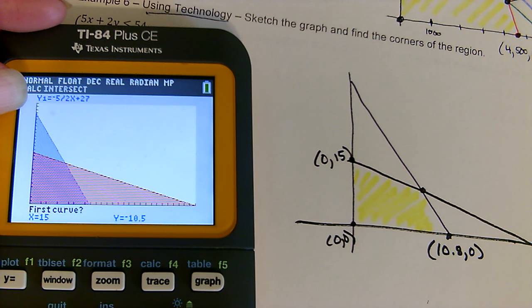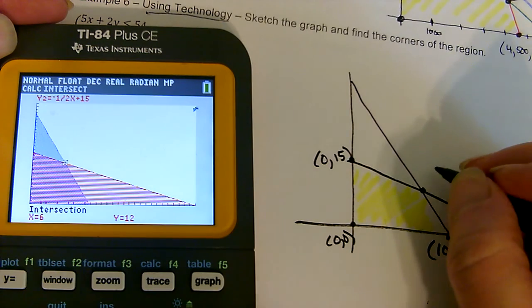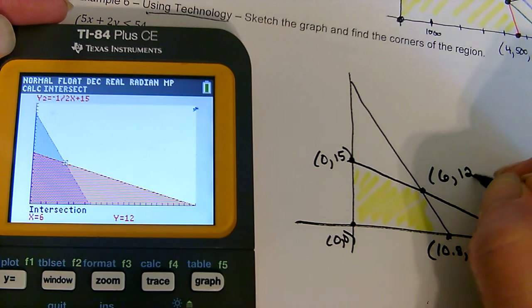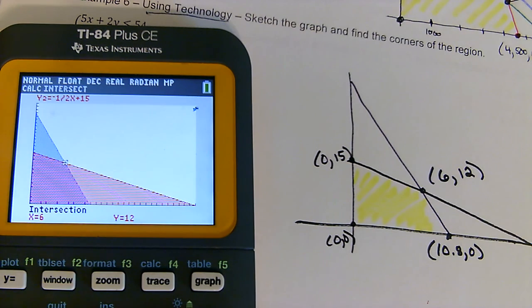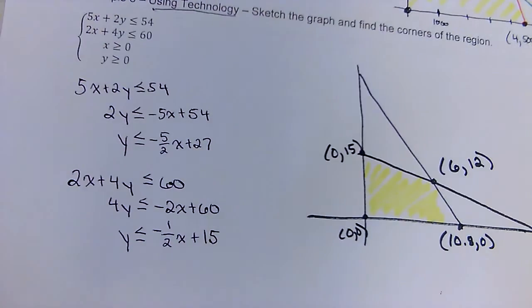And it asks you a couple of questions. First curve, and it shows you y1. Yes. Second curve, y2. Yes. Then it asks if you want to guess. Not important for what we're doing right now. And it tells me the intersection is 6, 12. Again, we're going to need to find those corners for the next lesson.